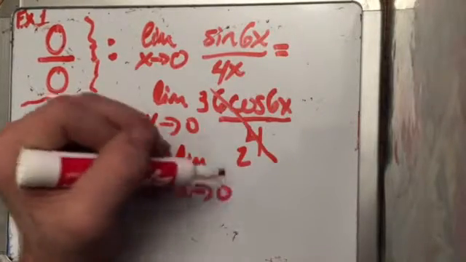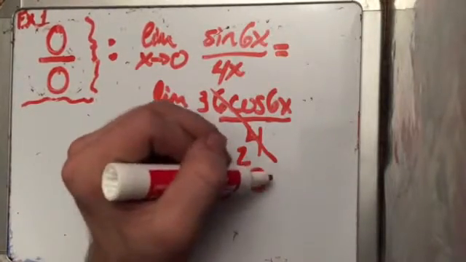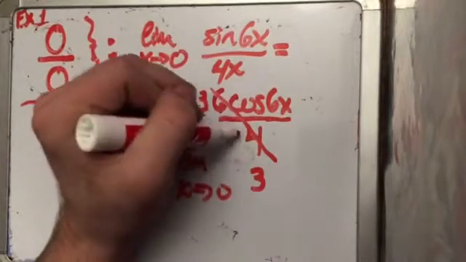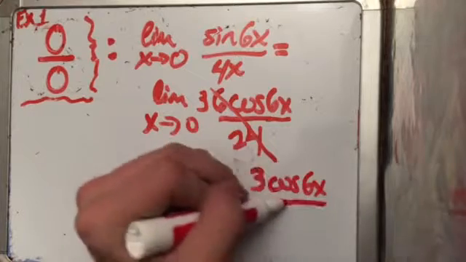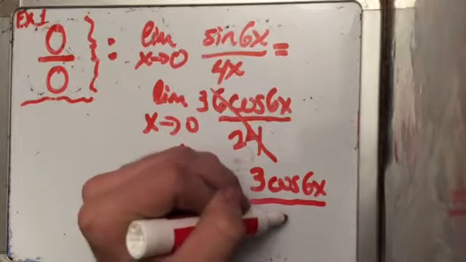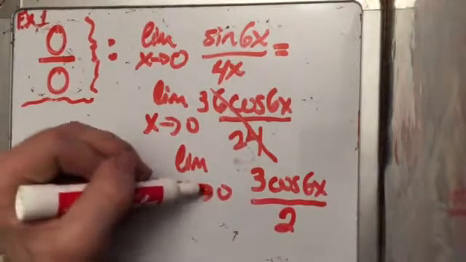So it turns into the limit as x goes to 0 of 3 cosine of 6x over 2.